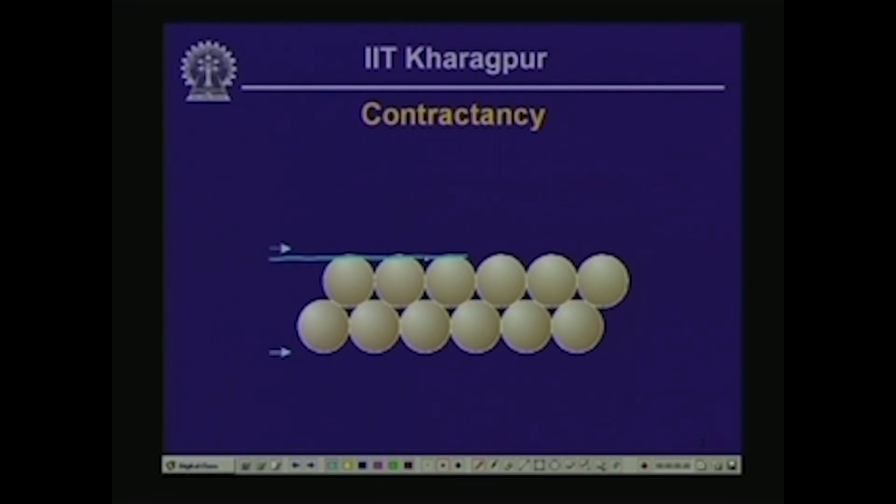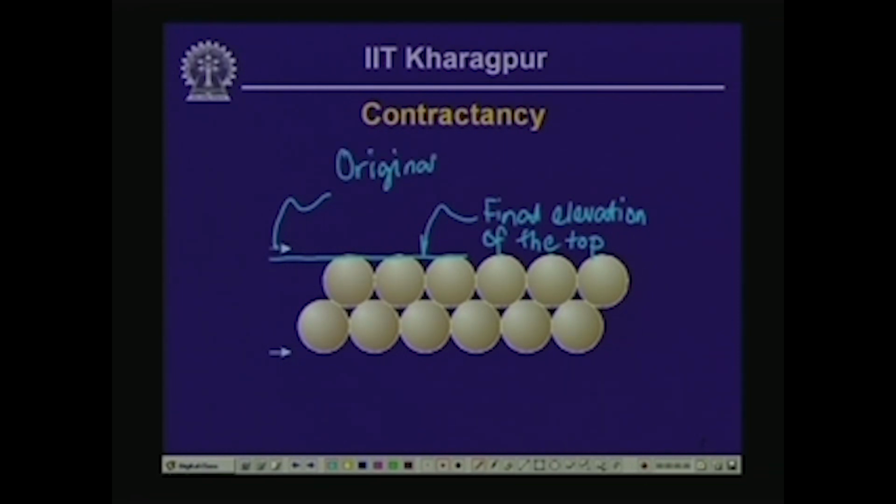So, this is the final elevation of the top, and the arrow noted on the screen indicates the original top elevation, and this much of volume change is because of the contractancy.